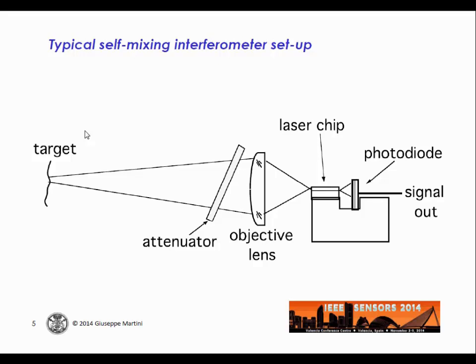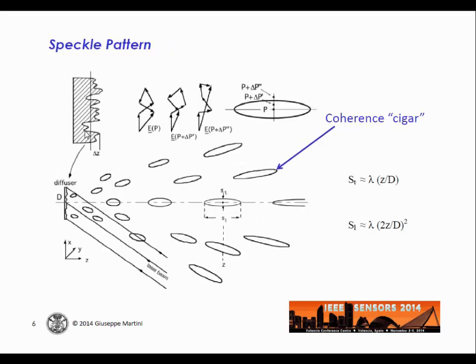Okay. Well, the target usually is rough. Okay, what does it mean, a rough surface? It means that instead of having a flat mirror-like surface, we have some structure in the surface, and the height is the difference between the actual shape of the surface and the average plane.